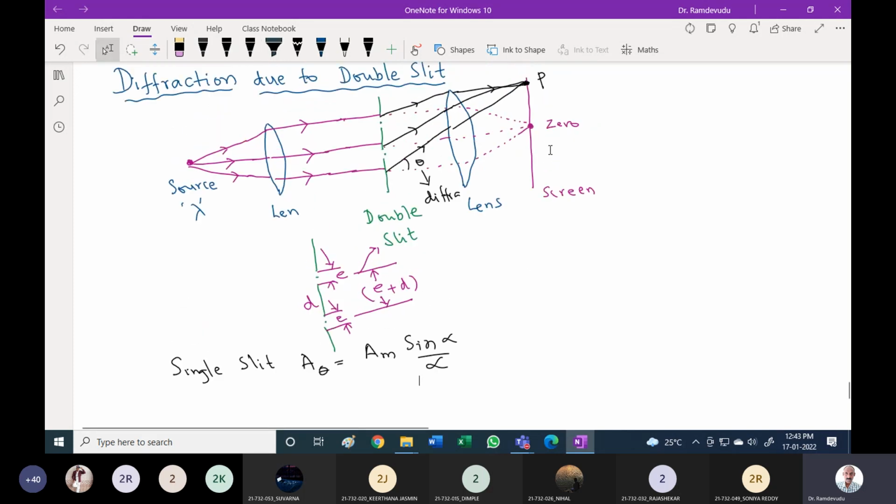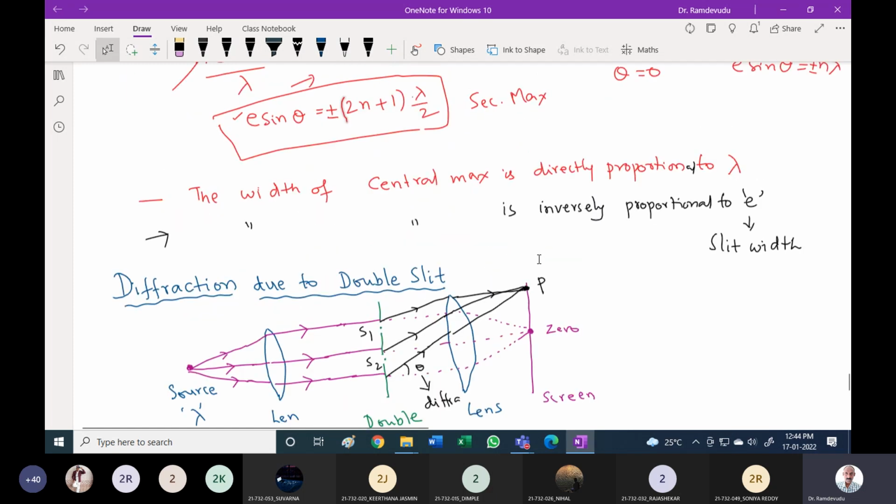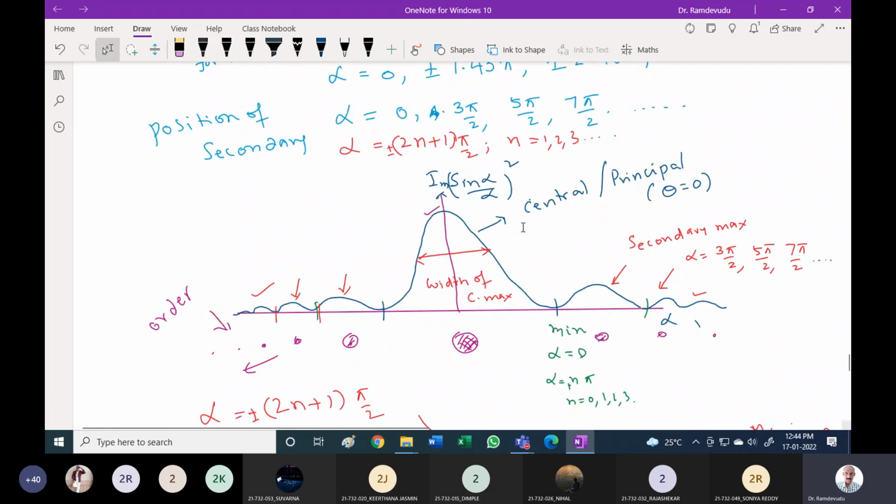Now if I close slit S2, it is only S1 operating. Therefore, it should be the same as that of a single slit. Or if I close S1 and S2 is open, it should be the same as that of a single slit. Therefore, the diffraction pattern on the screen due to the double slit should contain the single slit diffraction pattern as shown here. Something of it will be there.